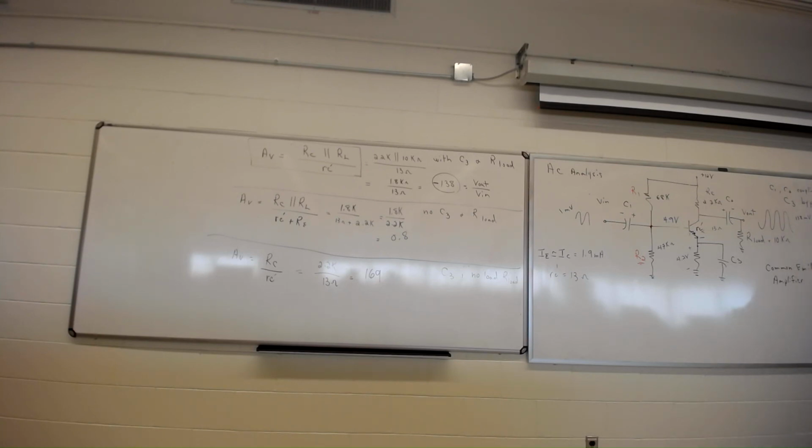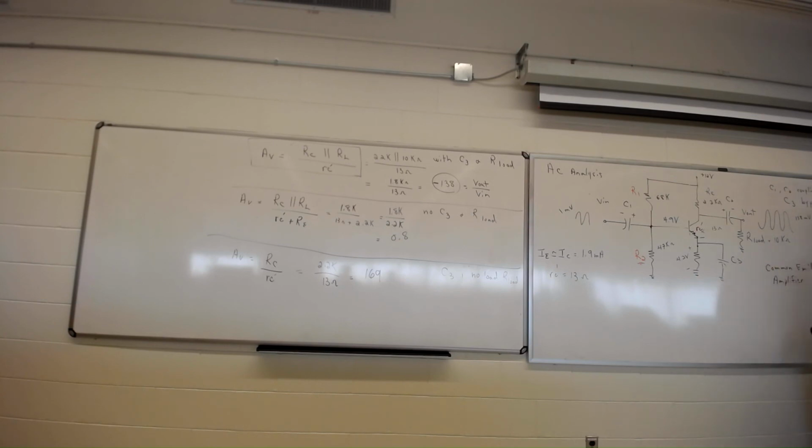Okay? So things to remember, C3 jacks up the gain, and no RL also jacks up the gain. If this resistor was bigger, let's say 100K, well, the gain would be higher. The more current you have to pull out here, the less gain you have. So the higher this R load is, the better, and it's also a good idea to have C3 if you want some gain.